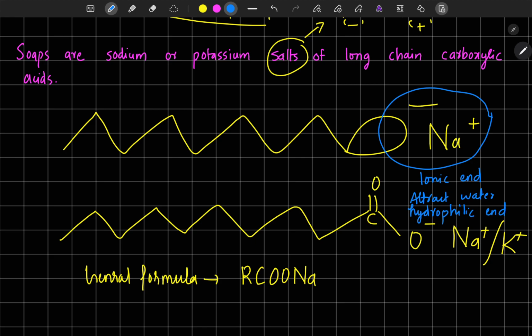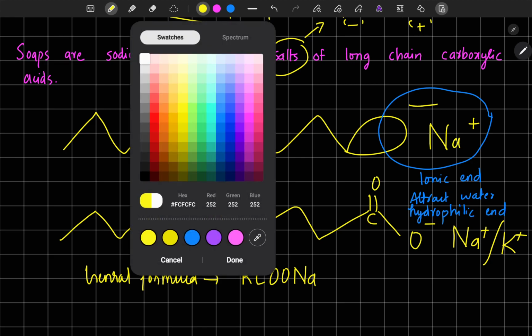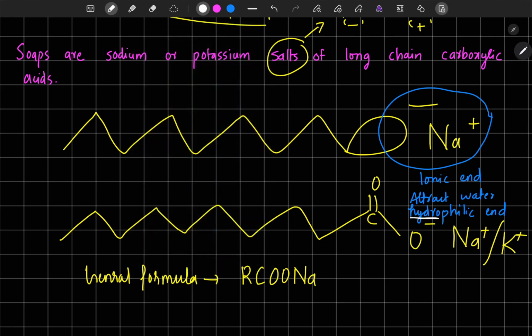Hydro means water, philic means loving. So that end is loving water, that means that end attracts water.